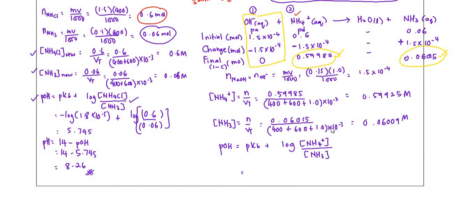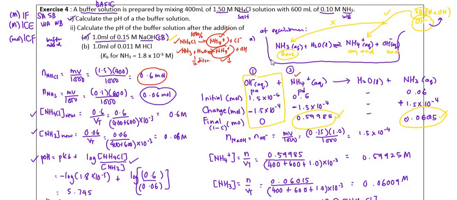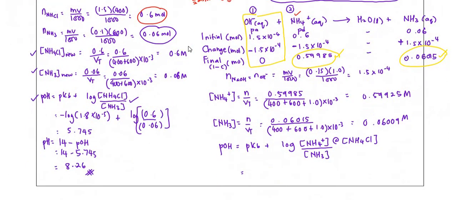Okay, kenapa saya tulis NH4 plus? Nak tulis NH4Cl pun boleh, sebab saya pernah cerita tadi, NH4 plus ini adalah merujuk kepada data daripada salt. That's why masa formula kita boleh tulis conjugate ataupun salt.